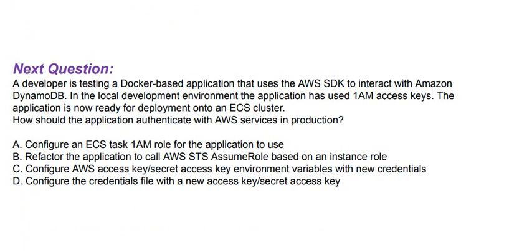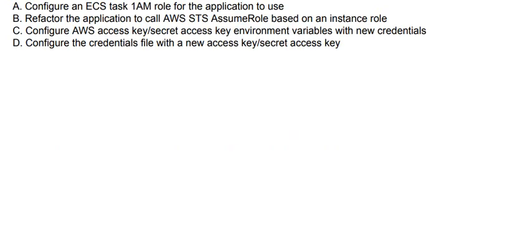Option B. Refactor the application to call AWS STS AssumeRole based on an instance role. Option C. Configure AWS access key and secret access key environment variables with new credentials. And option D. Configure the credentials file with a new access key and secret access key. The correct answer is option A.